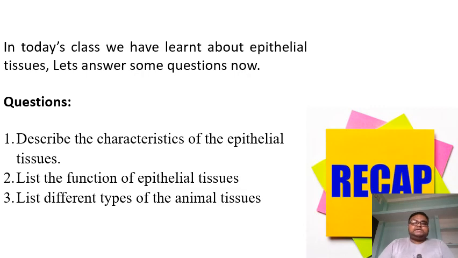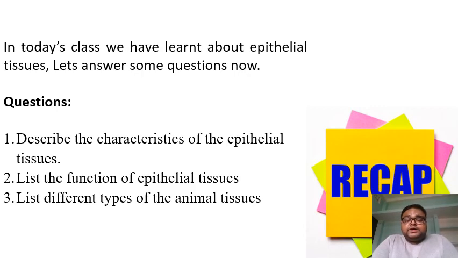Okay, so the characteristics of the epithelial tissues are they are tightly packed together and they form a sheet type of structure, isn't it? The epithelial tissues are packed very densely and form a sheet type of structure. There is presence of very little or no cementing material between them. Okay, and after that, what was there? Yes, recall students, what was there?